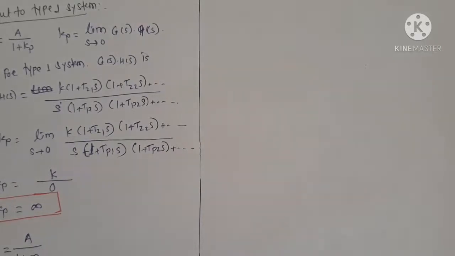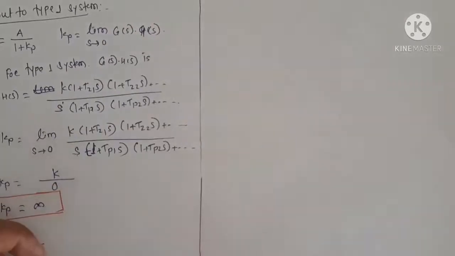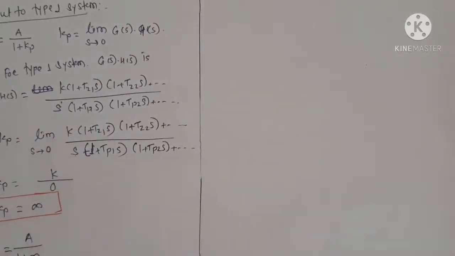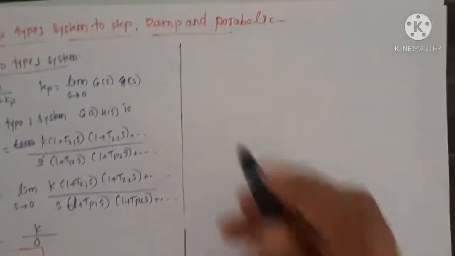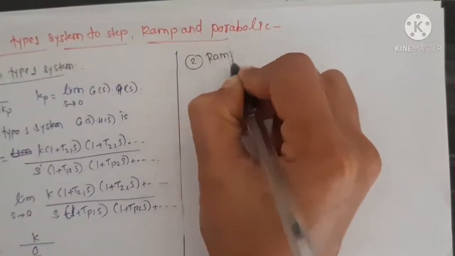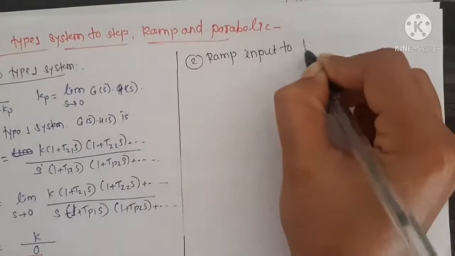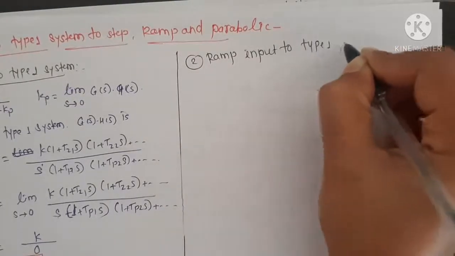At last we will make the summary, then you will get a clear idea, because you will not be asked the derivation in an exam. You have problems on that topic, so you must know the value of ESS for type 0, type 1 and type 2 system. So let's see the second expression, that is ramp input to type 1 system.